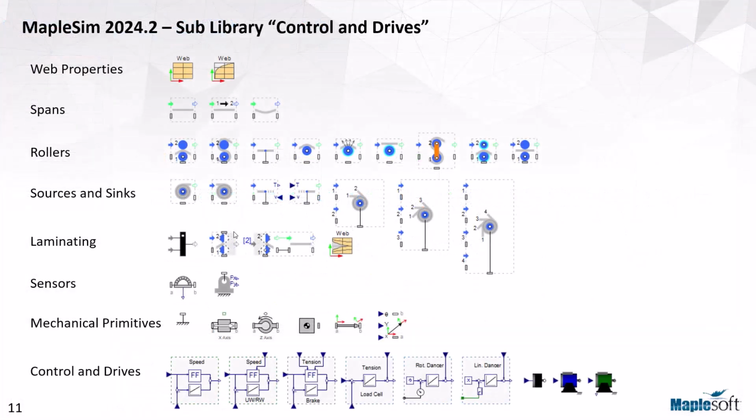Okay, then let's start with the main part of the presentation, our new sub-library inside the web handling library called Control and Drives. As you can see here in the sub-library, you can find different controllers with a general description comparable to controllers you can find also in PLCs, but in a more general way.